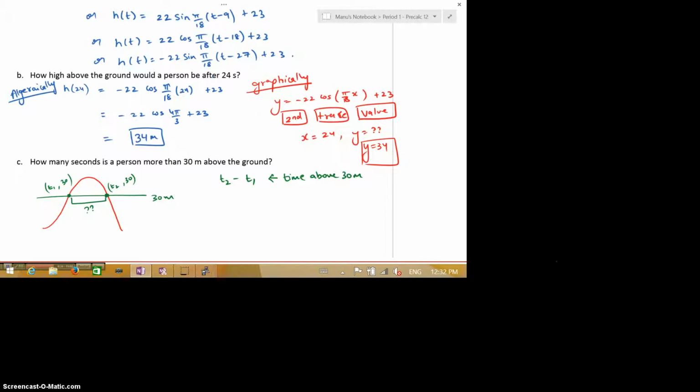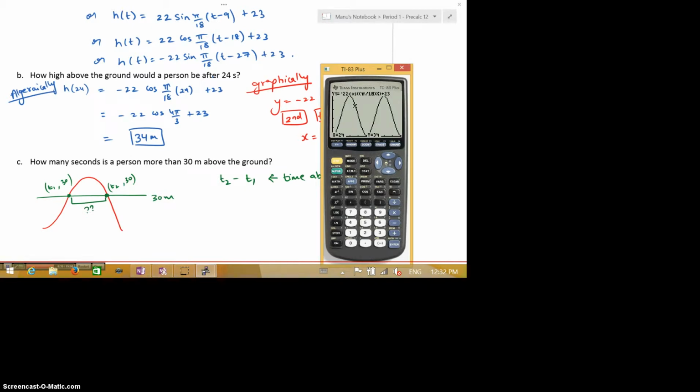Alright, so to solve this, we need a graphing calculator again. I've already got the function graphed in. I want to figure out when that person is going to hit 30 meters, so I'm going to go under y equals. Under y2, I'm going to plug in the number 30. y2 equals 30. And then press graph again. You're going to get a horizontal line that represents y equals 30, a height of 30 meters.